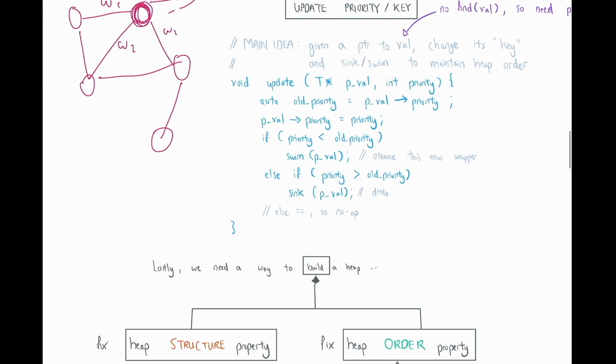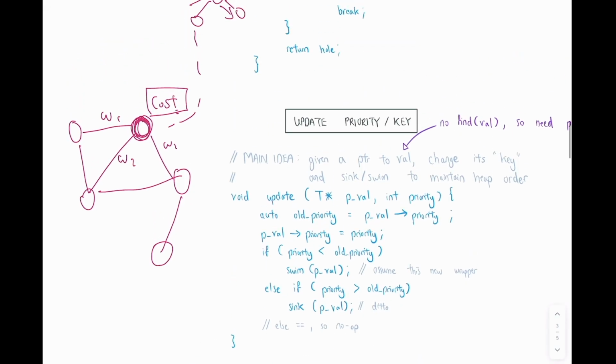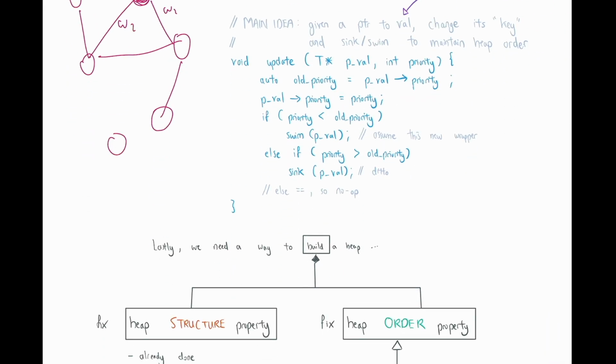If we were to draw this as a normal heap structure, let's say the current priority is 3, and the new priority we want to update to is maybe 5.